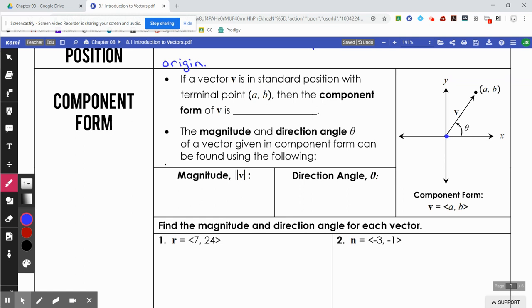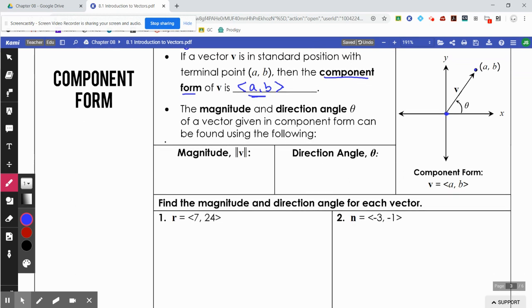We put our a and b in these vector brackets instead of parentheses. That is the component form, because when we see it, we know we start at the origin and stop at the terminal point.